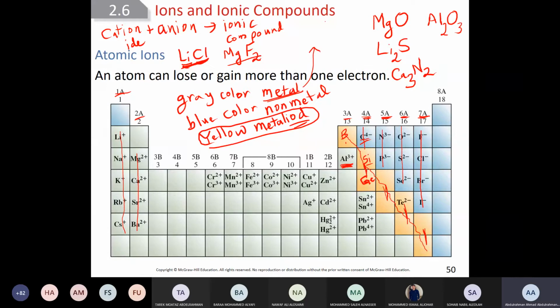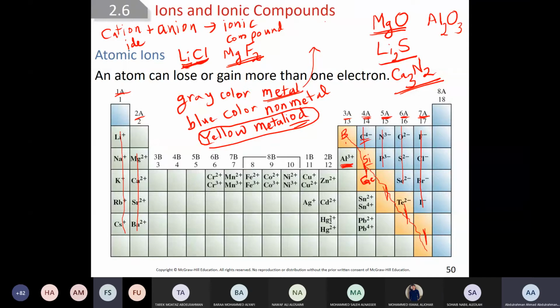How about this compound? Magnesium fluoride. How about this one? Magnesium oxide. How about this one? Lithium sulfide. Exactly. How about this one?